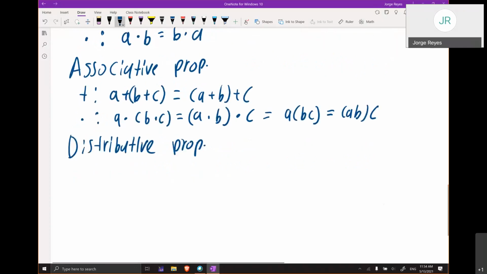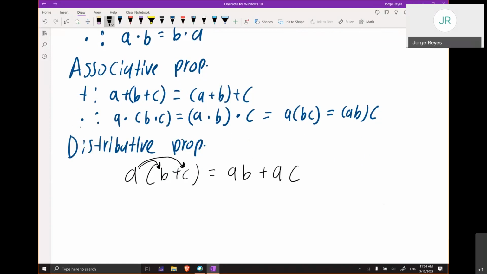This is the property where they talk to each other, basically. The distributive property is if you have multiplication and plus, you can distribute the A to both of these, so it's AB plus AC.